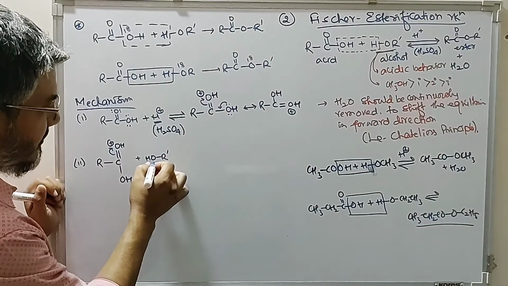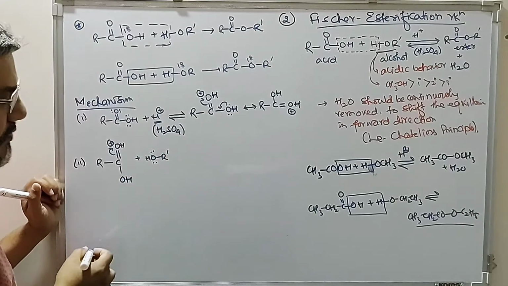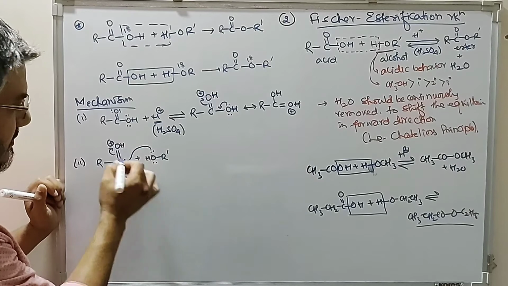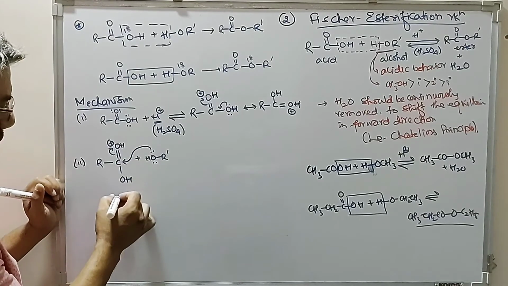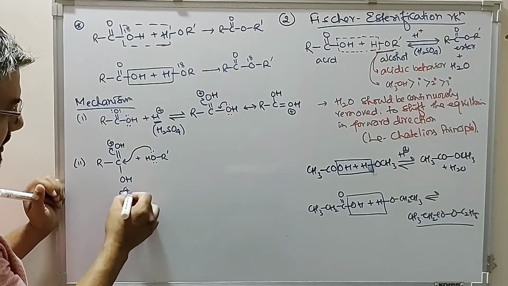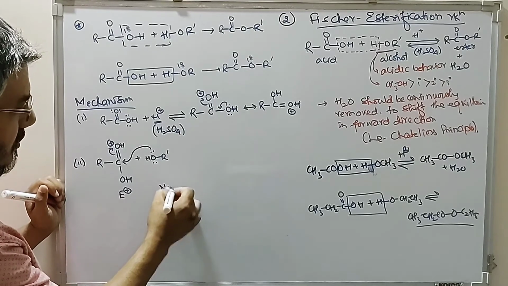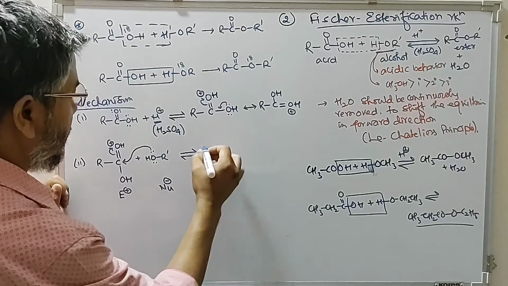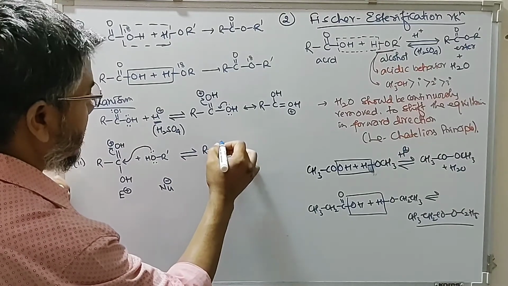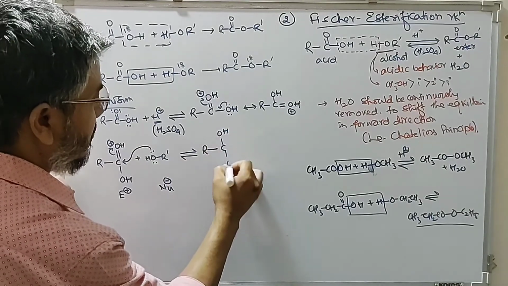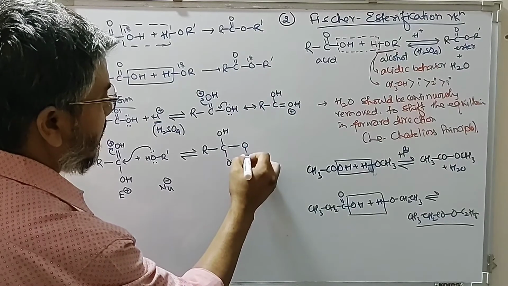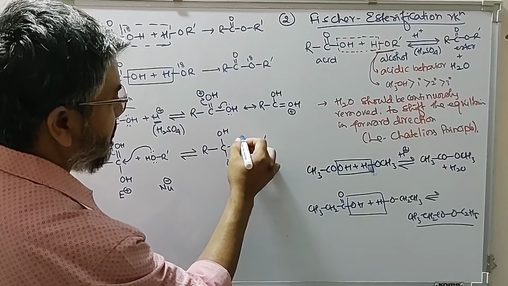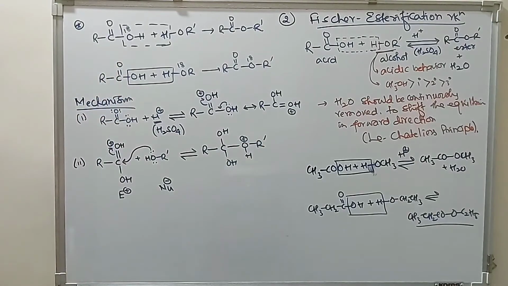On the other hand, we have this oxygen which is having two lone pairs, so this is acting as a nucleophile. So this nucleophilic oxygen attacks this electrophilic carbon, and this gives rise to this compound. So RC OH OH, we have this OH bond, R prime, with a positive charge on this oxygen.